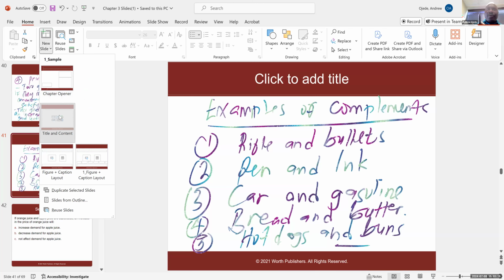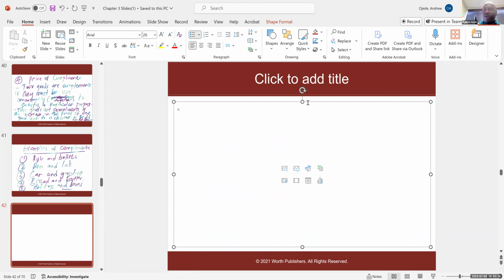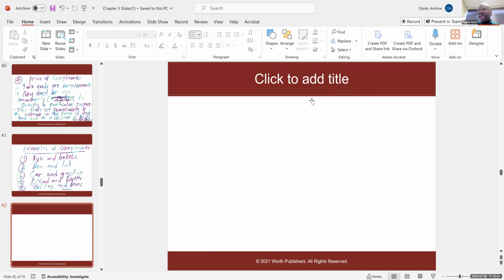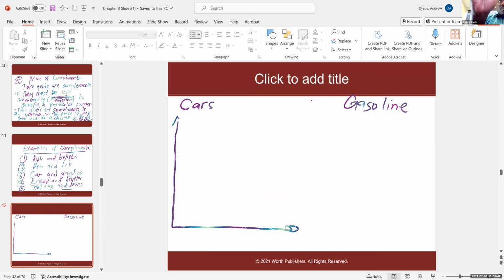Let's look at how a change in the price of one of the complementary goods affects the demand for the second good. So let's say here's a market for cars, and here's a market for gasoline. I'm talking about only cars that use gas, not electric vehicles. Okay, so if we draw the demand here, price P, Q stands for quantity.